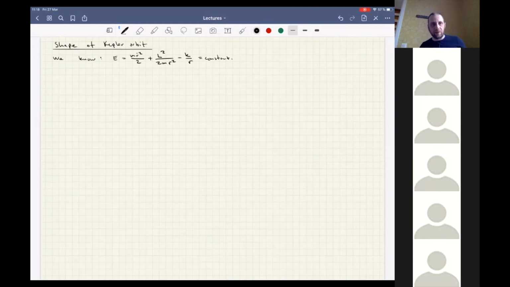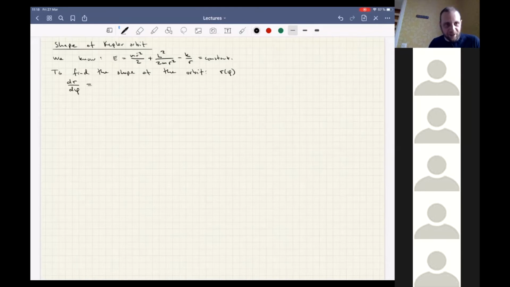So this describes the motion of r as a function of time, but in order to see what the orbit looks like geometrically, we would prefer to describe it in terms of the angle phi. So to find the shape of the orbit, we want to find r as a function of phi rather than r as a function of t. So we take the derivative of r with respect to phi.